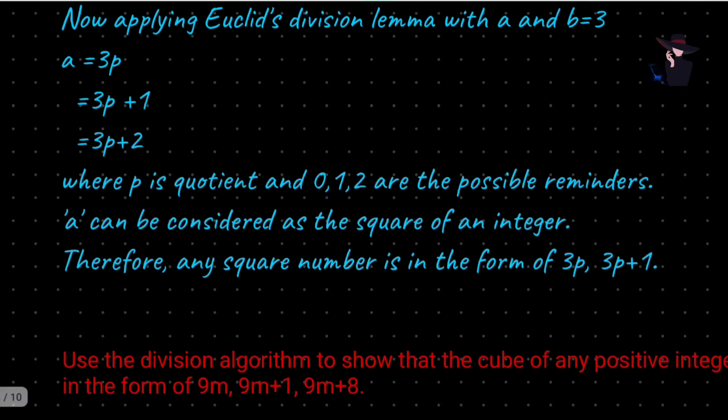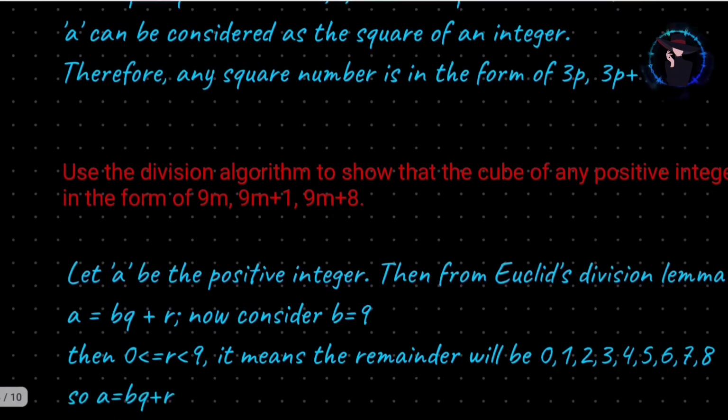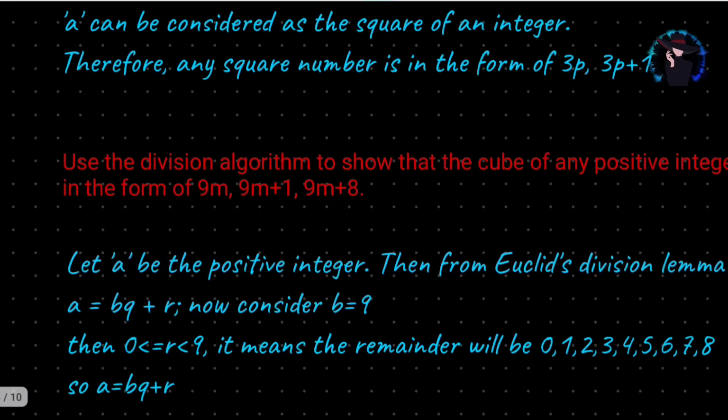So the next question is, use the division algorithm to show that the cube of any positive integer is in the form of 9m, 9m plus 1, or 9m plus 8. Just as before there was a square, now we have a cube, the power 3. Okay, so let a be the positive integer.